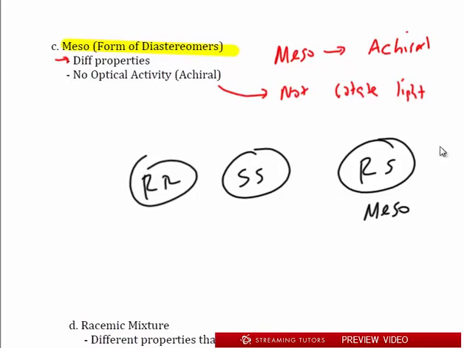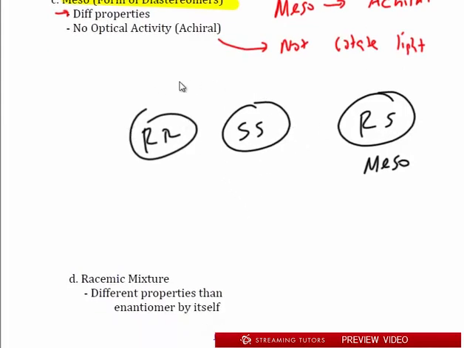So because it's a diastereomer, it has completely different properties. But what turns out to be unique about meso is that it has no optical activity. And that's because it's not considered chiral. That form, meso, is really an achiral form of a stereoisomer. Okay? So it's kind of interesting if you think about that. So an RR is chiral, an SS is chiral, but an RS meso is achiral.